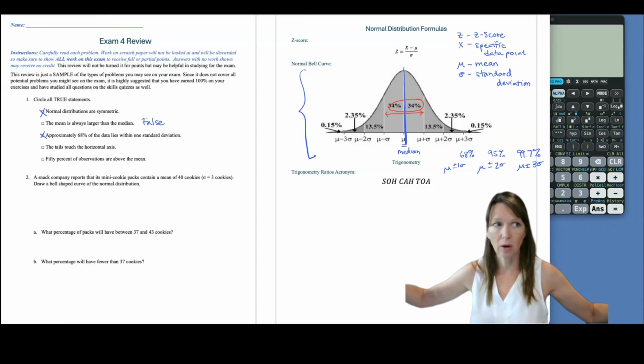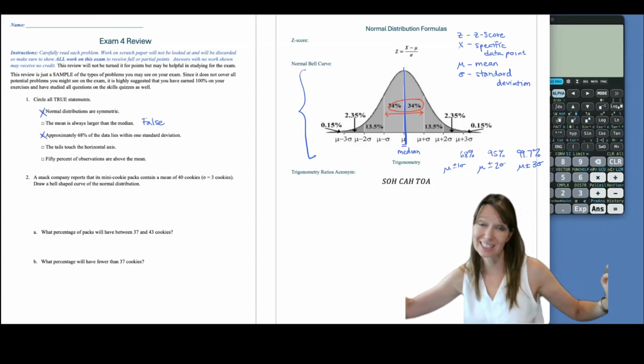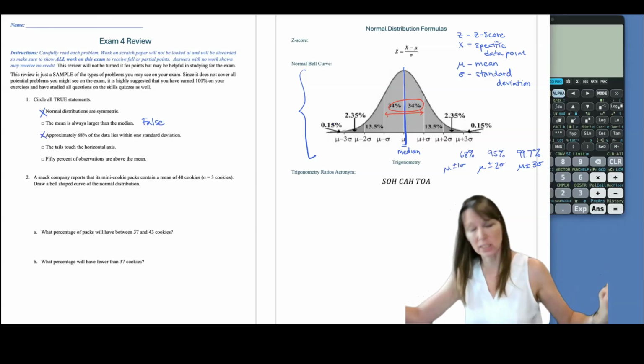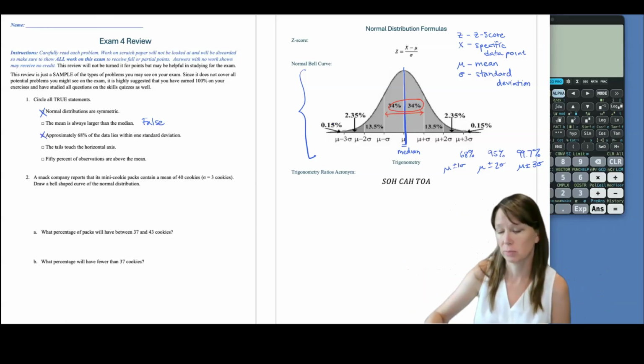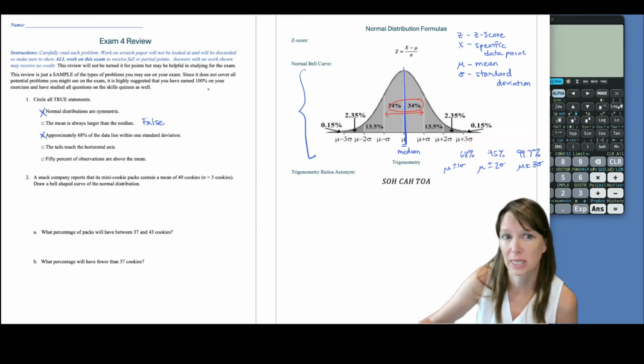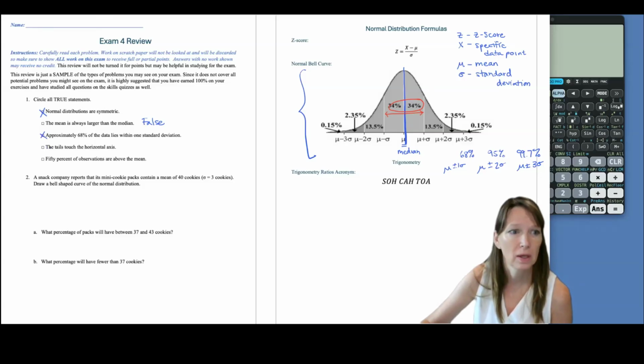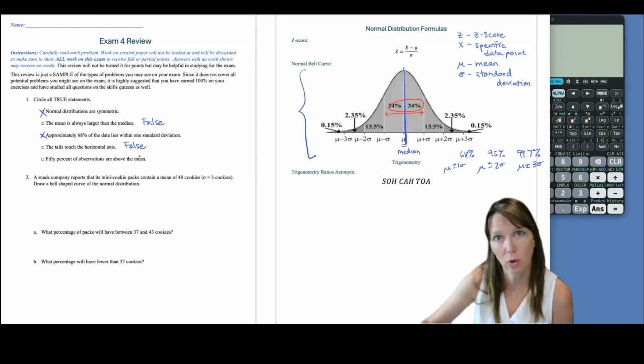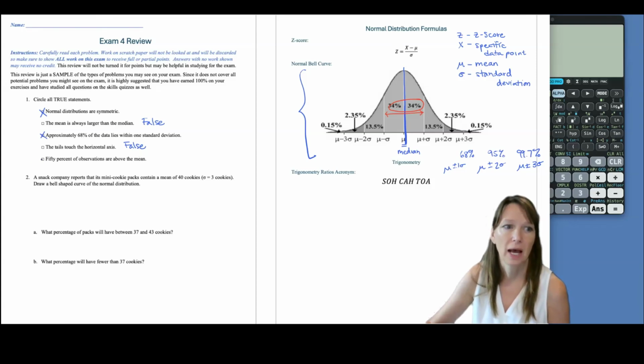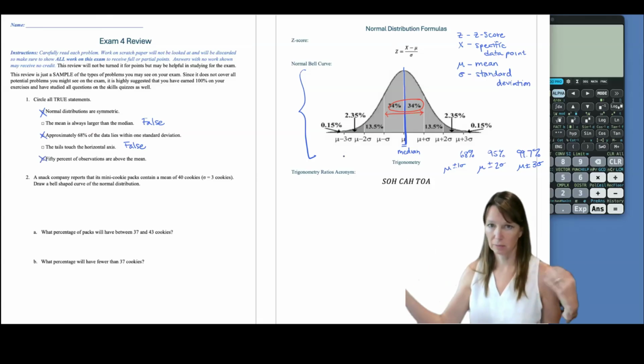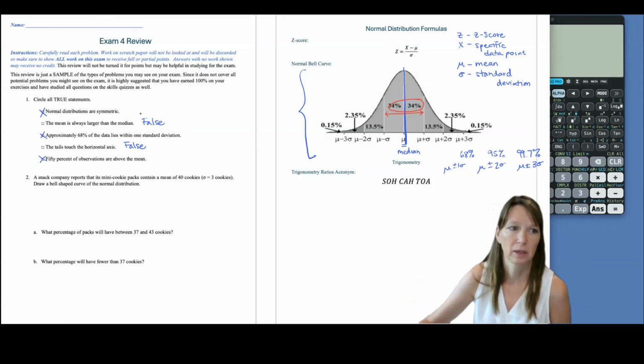So we could always say that there's a very, very, very small chance, far out on the extremes of the curve, but we never say that's impossible. So this would also be false. It will not touch the horizontal axis. And then 50% of observations are above the mean. That is true. 50% are going to be above, 50% are going to be below.